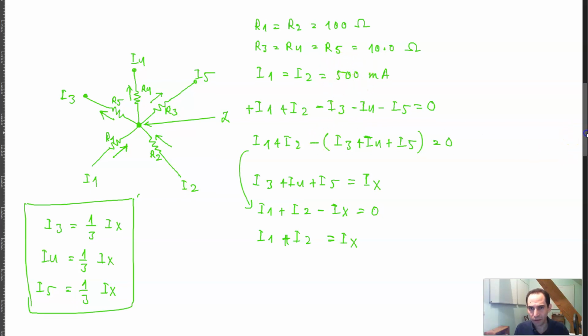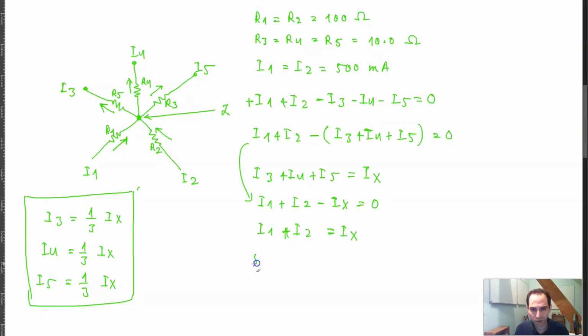So 500 milliamp plus 500 milliamp is equal to I of x, and so 1000 milliamp is equal to I of x. What that means is that the current exiting the node is 1000 milliamp, and so you can say that I of x is equal to 1 amp.